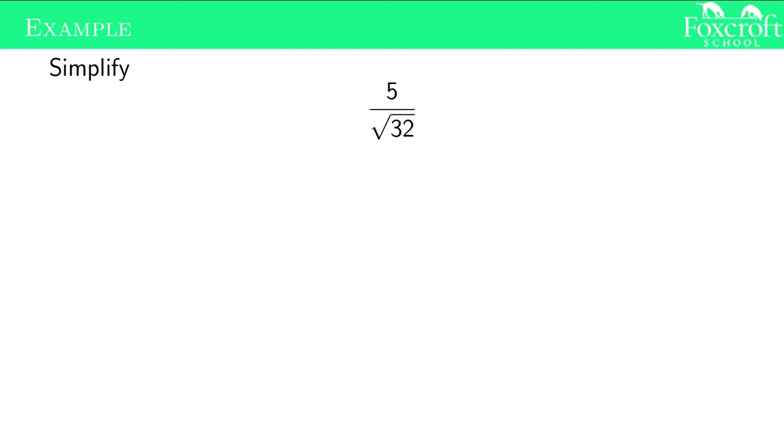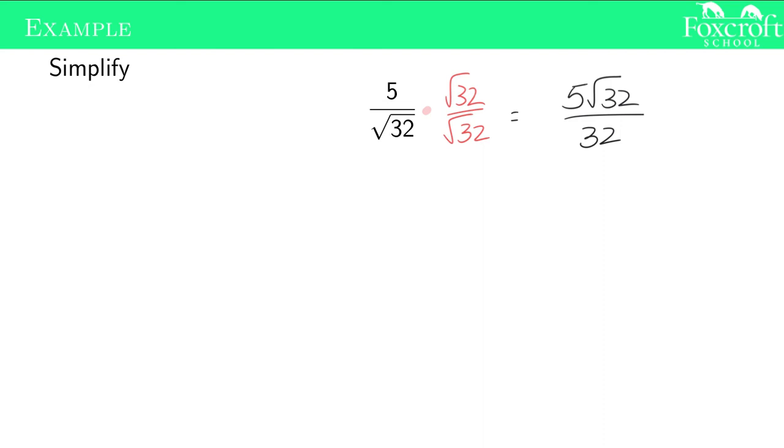All right, simplify 5 over the square root of 32. Again, the first step I'm just going to do is multiply by the square root of 32 over itself. The top is just multiplying. The bottom, when you multiply a square root by itself, the square root goes away.